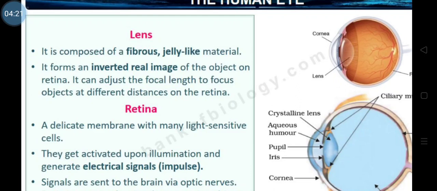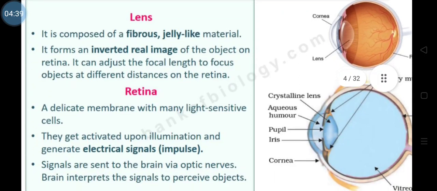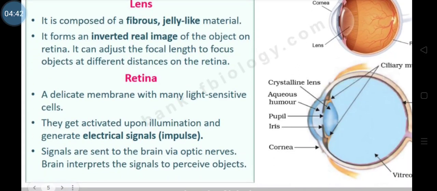Next is the retina. Retina is the innermost layer of the eyeball, a very delicate membrane with many light sensitive cells present on it. And what are the cells of the retina? Here we will know: the rods and cones basically. These cells get activated upon illumination, basically the light, and after activation they generate electrical signals, the impulses, and the signals are sent to the brain by the optic nerves.